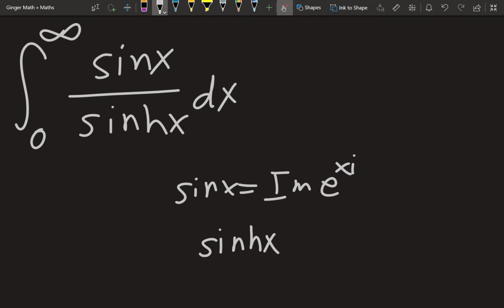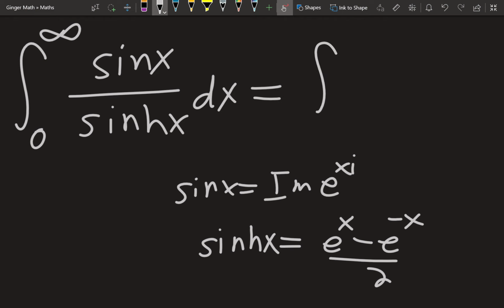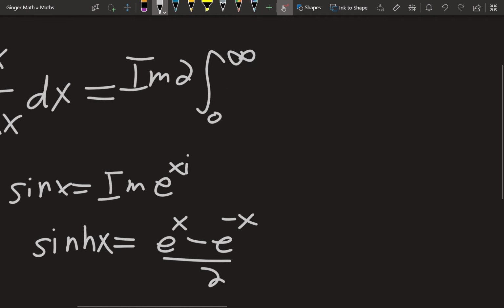We just know this is e to the x minus e to the minus x over 2. And then just subbing those in, we're going to have 2 times the integral, the imaginary part, of 2 times the integral from 0 to infinity of e to the xi divided by e to the x minus e to the minus x dx.